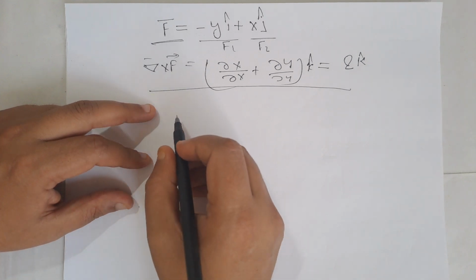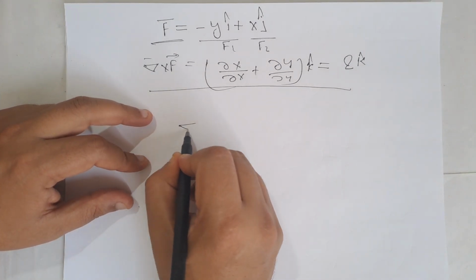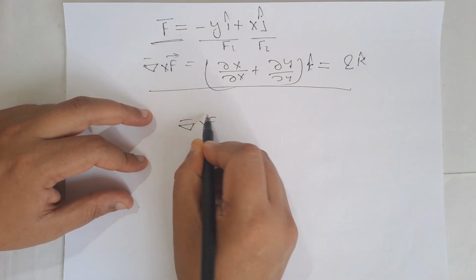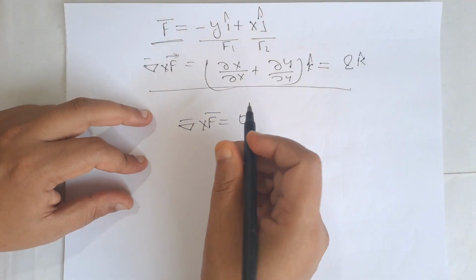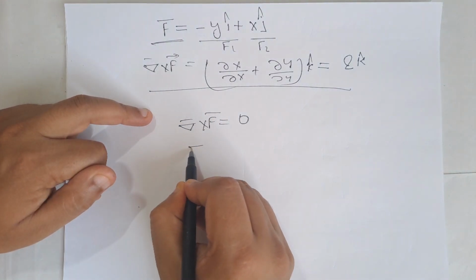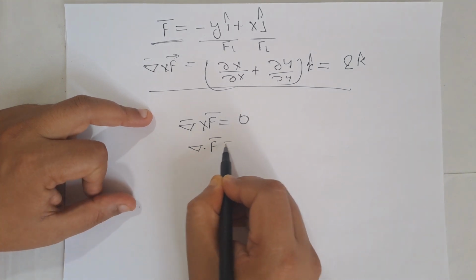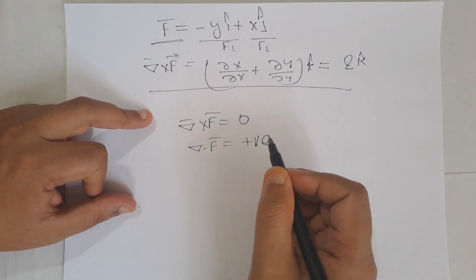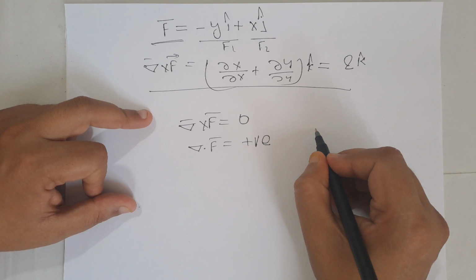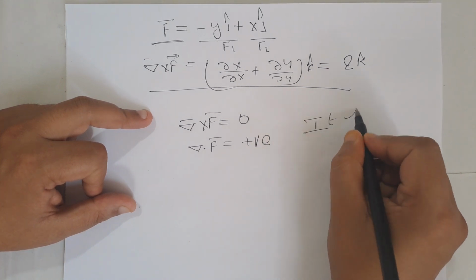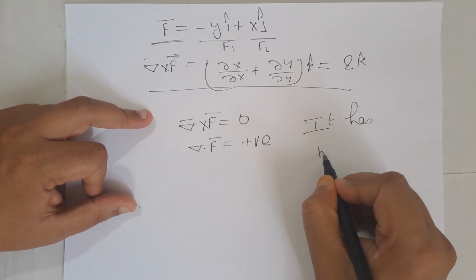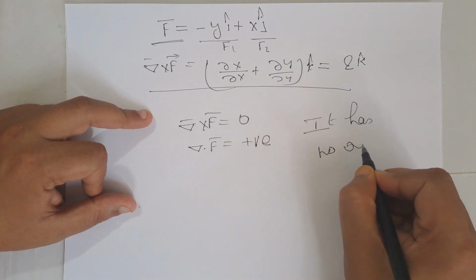If the curl of the vector field is 0 but the divergence of this vector field is positive, it means it has no rotation.